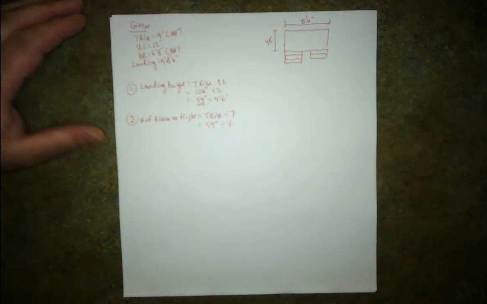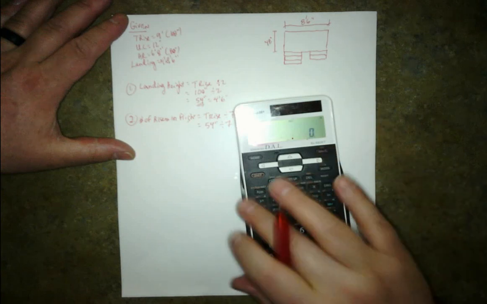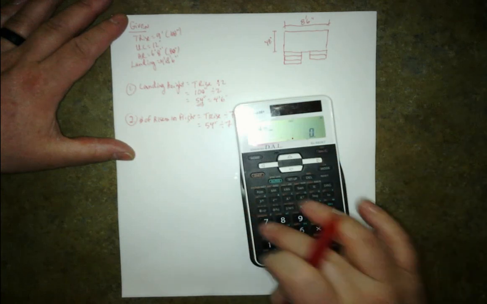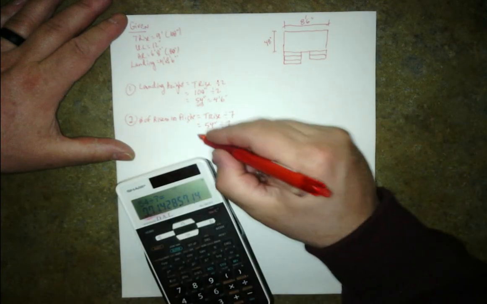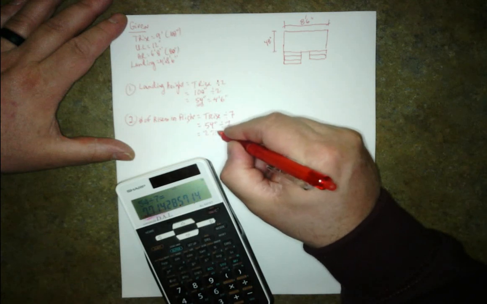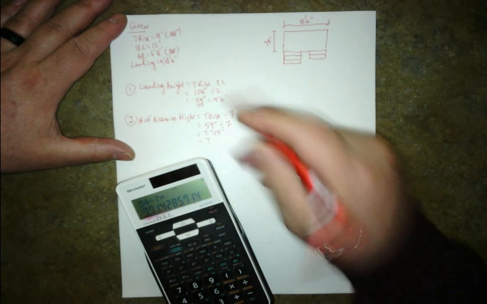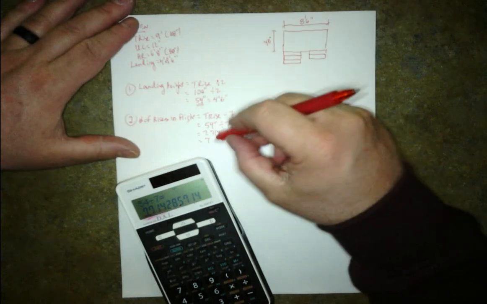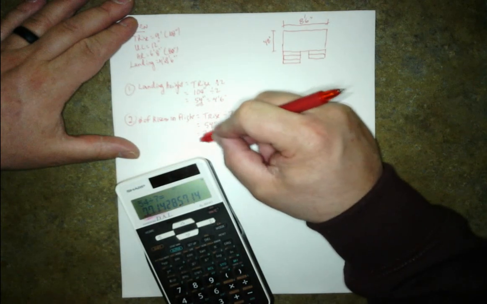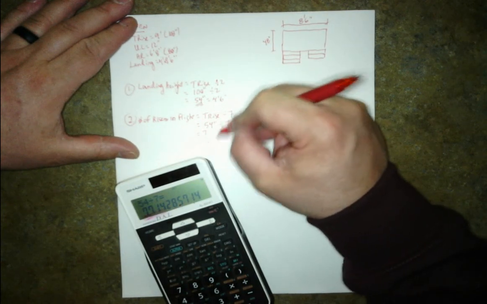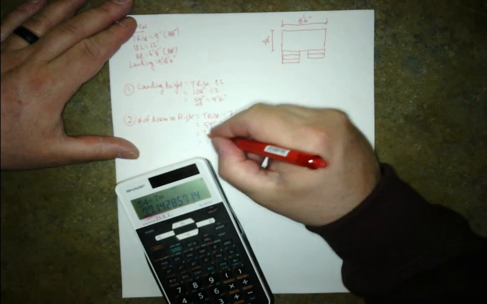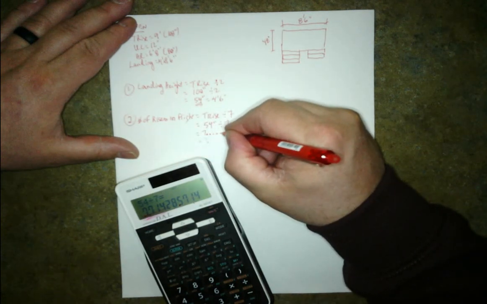Let me grab my calculator here. 54 divided by 7 gives me 7.71, which is the number of risers. I don't normally write all that out, we'll just keep the decimals. That's the number of risers, and then we see if that's actually going to work.